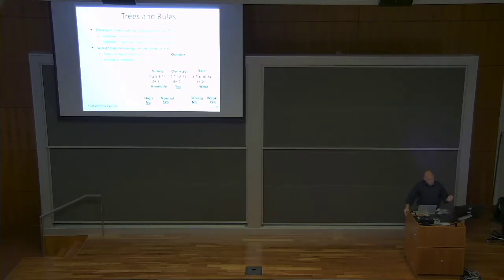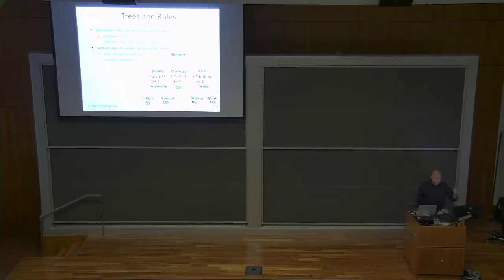So we talked about the fact that decision trees can be represented as rules. I mentioned it when I talked about the expressive power of decision trees. We said that it could be a DNF. Specifically, if you take one path down from the root to a leaf, you can think about it as a rule.